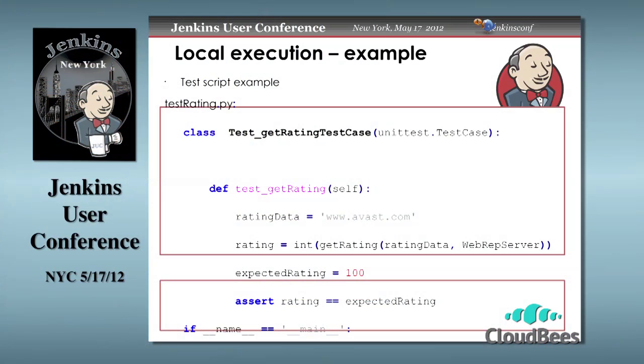But what is more interesting is the Jenkins execution part. By this script, which is above, we go through the servers and test them, ask for the rating and also for some other functionality, and then we log the results in some kind of log file.